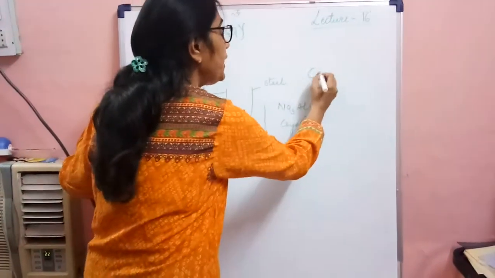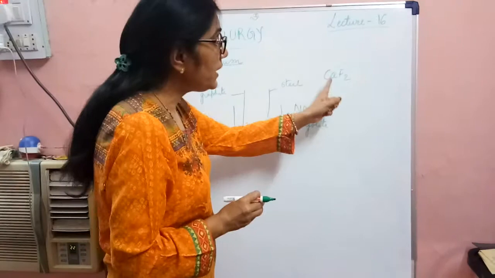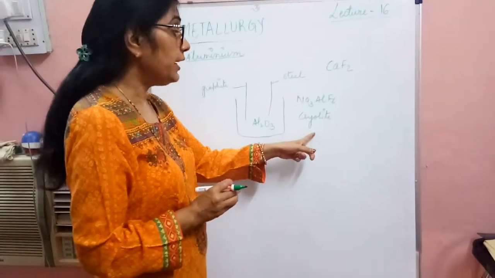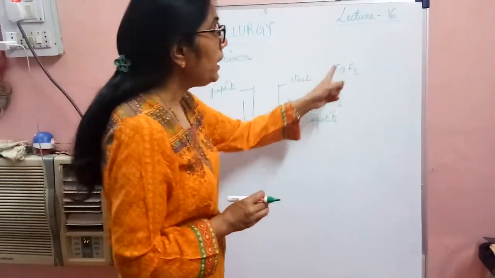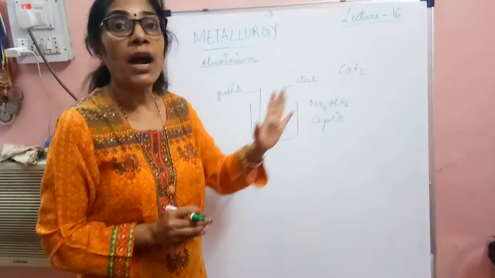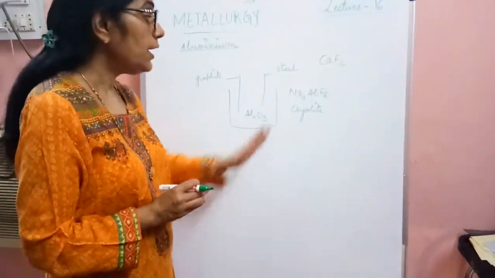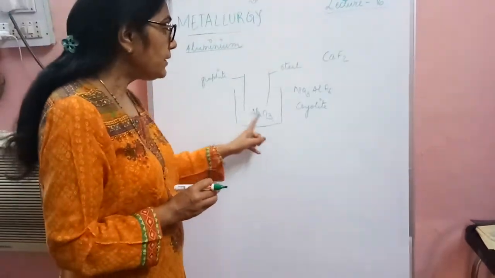And one more reagent we add, that is calcium fluoride, fluorspar. It increases the electrical conductivity. So two things are very important over here: what is the role of cryolite during the electrometallurgy of aluminium, and what does fluorspar actually do? Fluorspar increases the electrical conductivity and cryolite helps to reduce the melting point of alumina, as its melting point is very high.